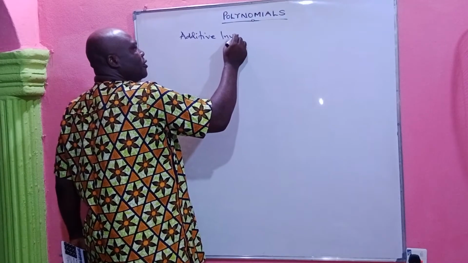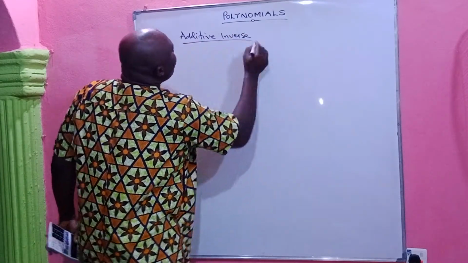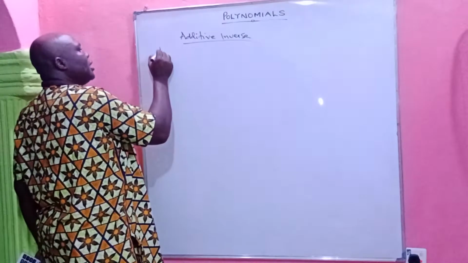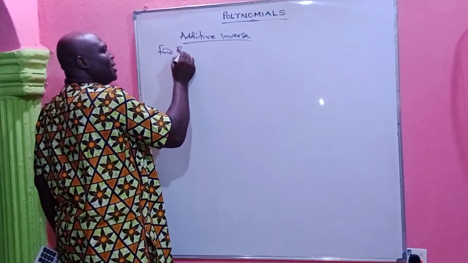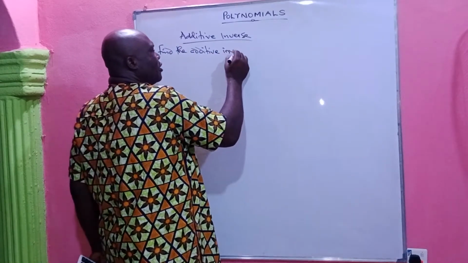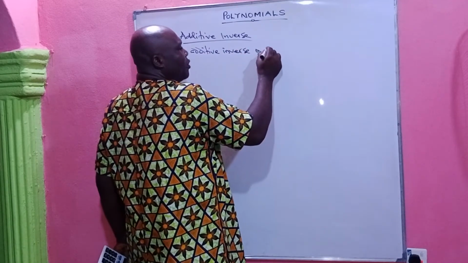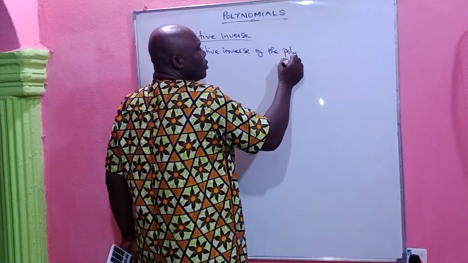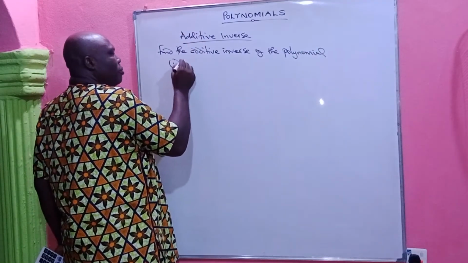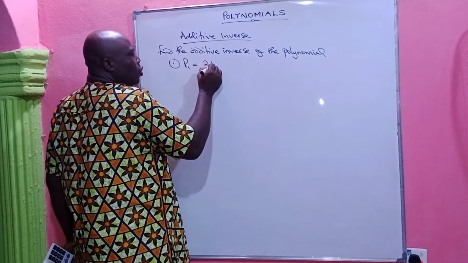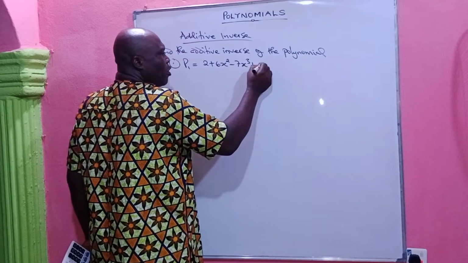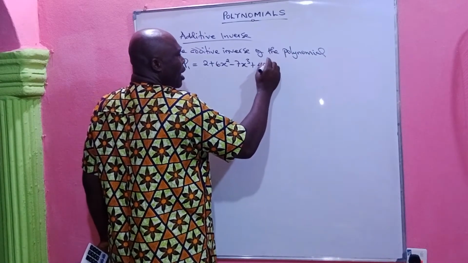Additive inverse. Alright, so if we want to find the additive inverse of a polynomial, it's simple. Okay, let's say find the additive inverse of the polynomial P1 is equal to 2 plus 6x raised to the power 2 minus 7x cubed plus 4x raised to the power 5.